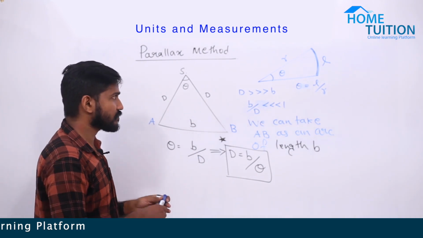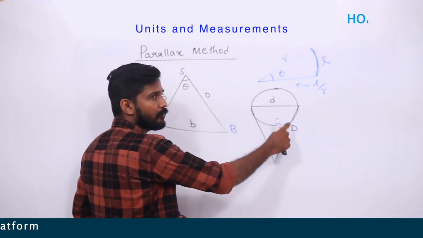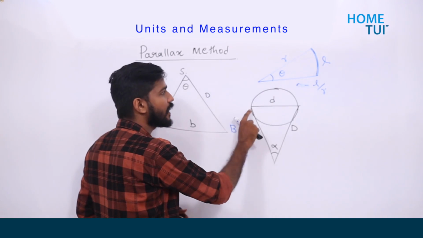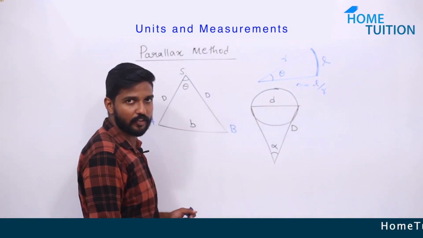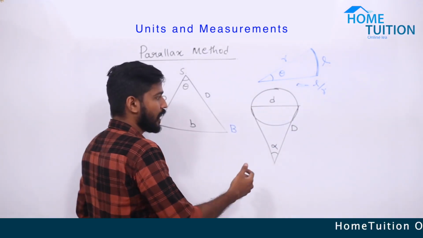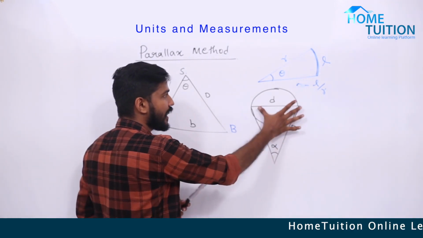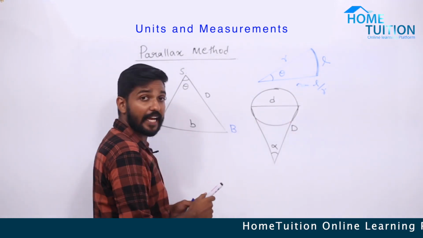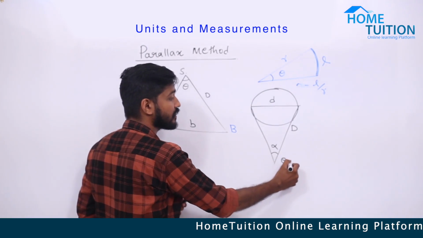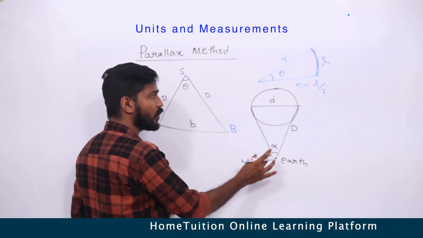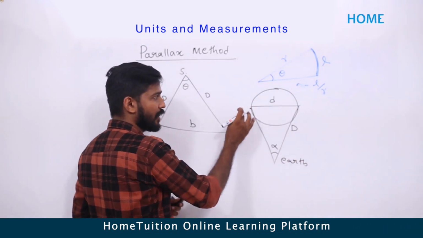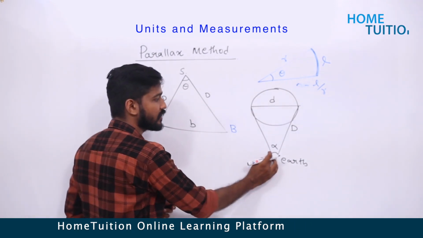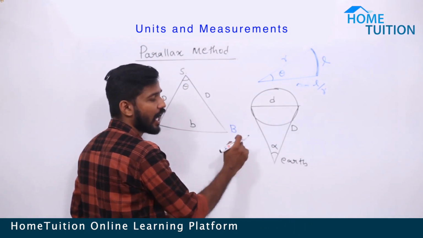See, suppose this is a planet of diameter d, and the diameter subtends an angle at the earth. This is earth. When we look at the two endpoints of the diameter, we can see an angle, alpha.